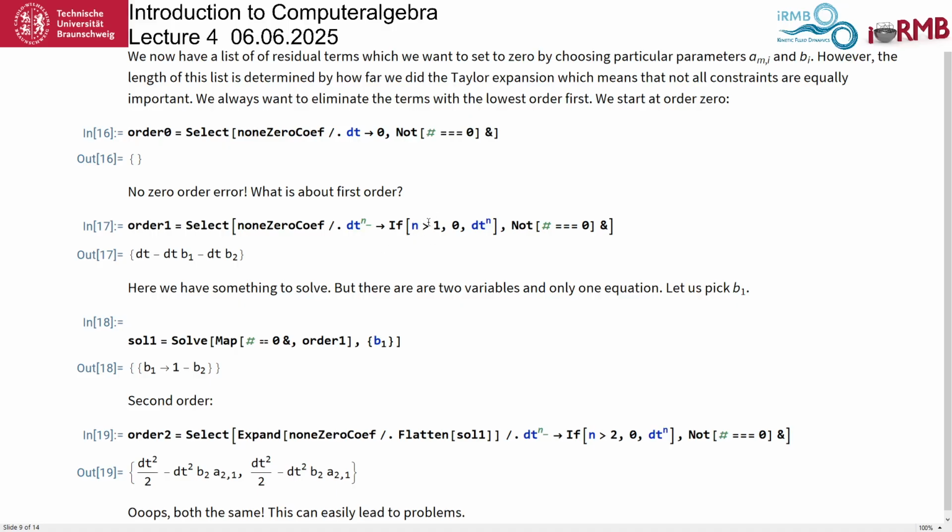If n is larger than, say here, 1, then we set them to 0, so we let them disappear, or otherwise we set them to dt to the power of n. We use this later to get to a higher order, and then we select all of them that are non-zero. And what we see is we get out one such term.